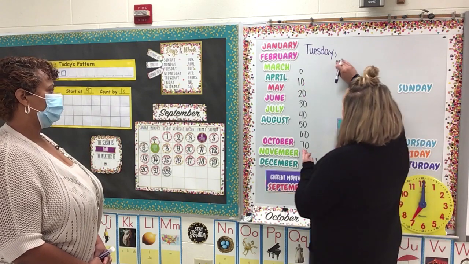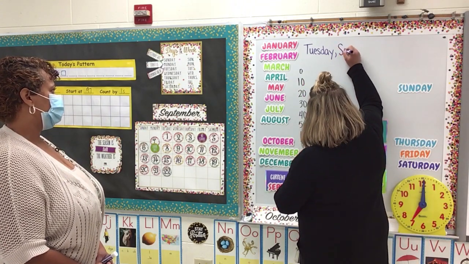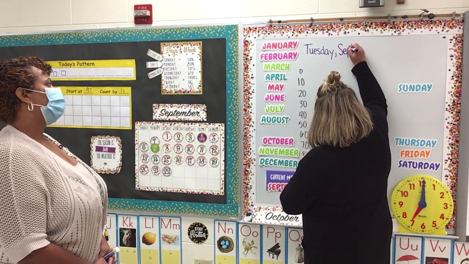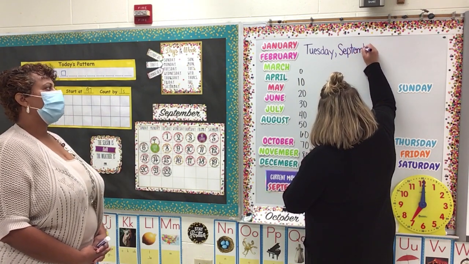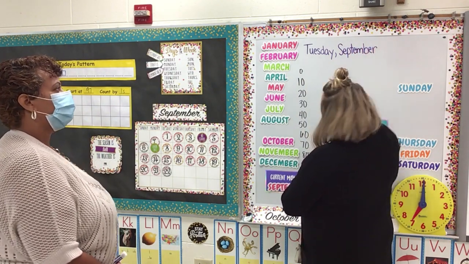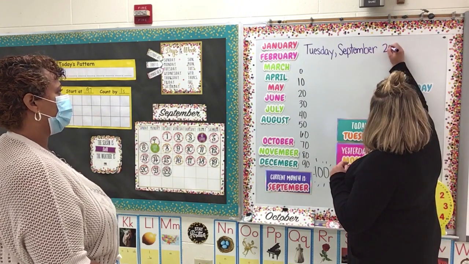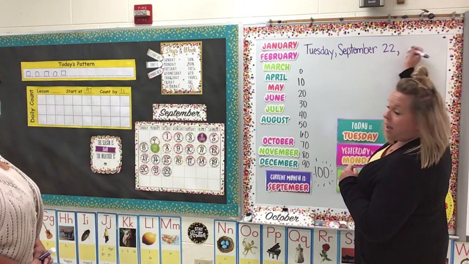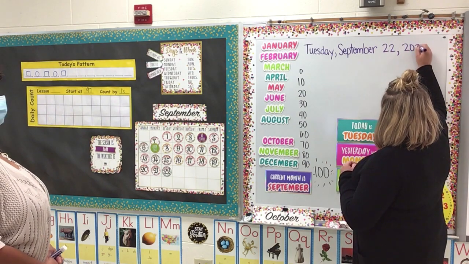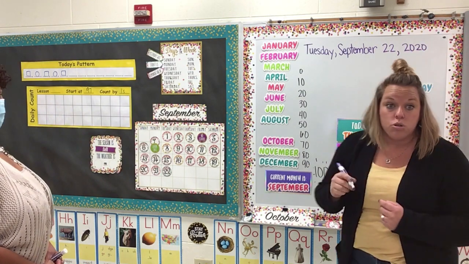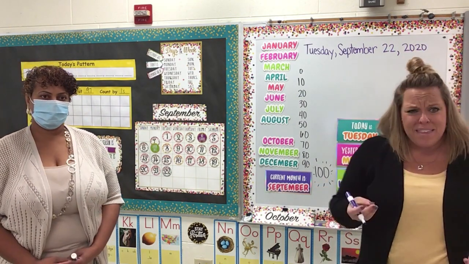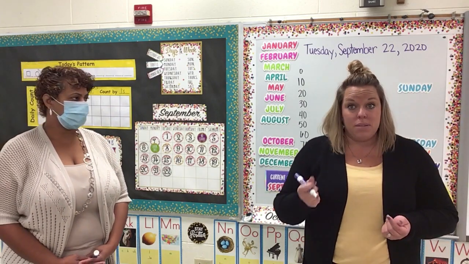So Tuesday, comma, we're still in September, S-E-P-T-E-M-B-E-R, September. September what? 22nd. Then we need a comma, and we're still in the year 2020.